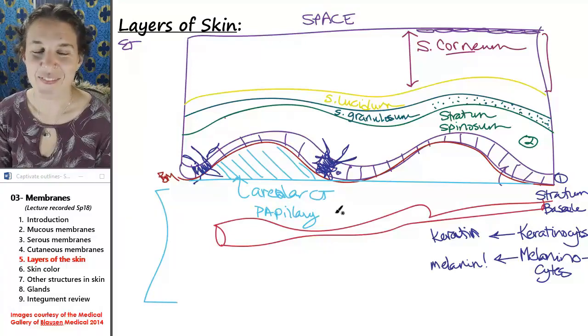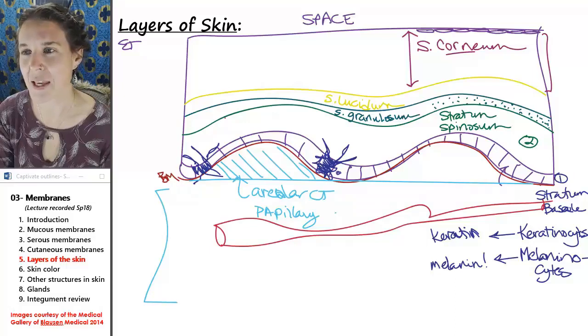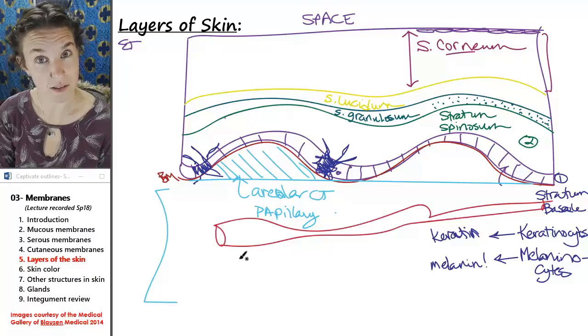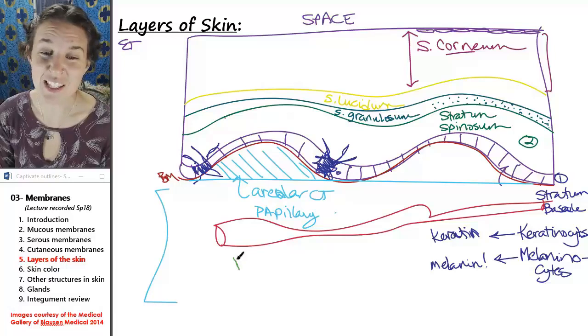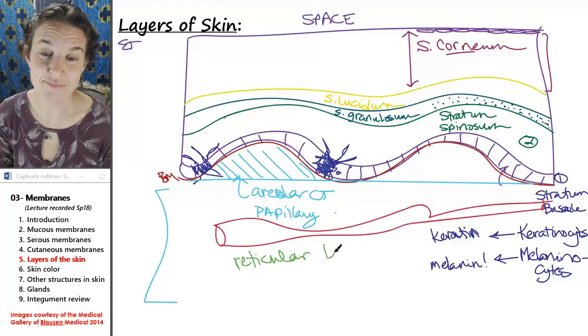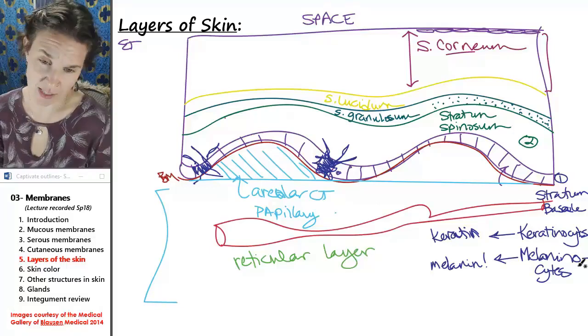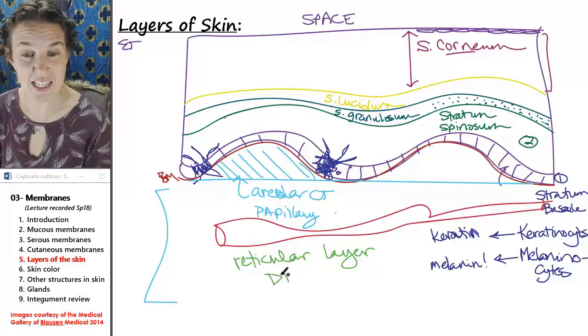All right. Deep to the papillary layer, and this is going to make you sad, and you might not like me anymore. Don't stop liking me. This is the reticular layer of the dermis. The reason why you might not like me anymore is because the reticular layer is dense irregular connective tissue.